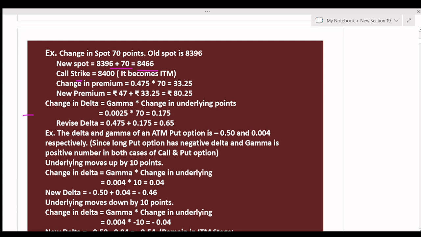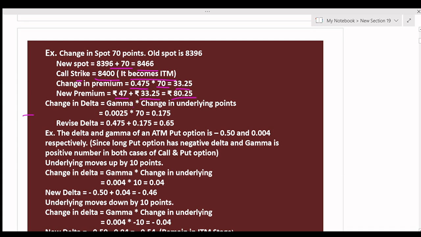Call strike is 8,400, so it becomes ITM. Change in premium will be 0.475 into 70, which is equal to 33.25. New premium will be rupees 47 plus 33.25, equal to rupees 80.25.